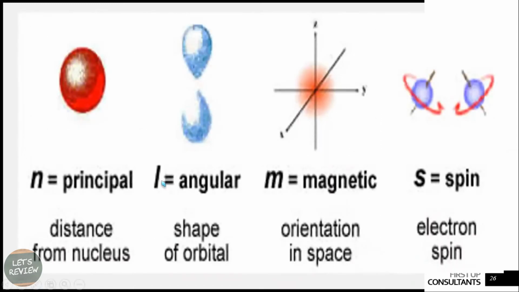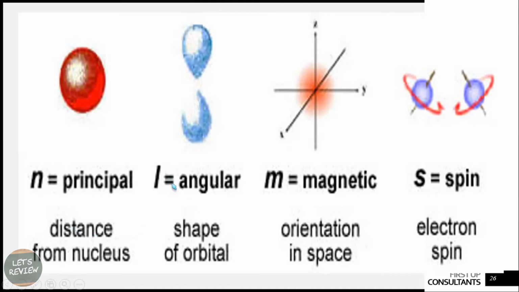So again, as a review, the N, which is the principal quantum number, tells something about the size of the orbit, or the distance of the orbital from the nucleus.